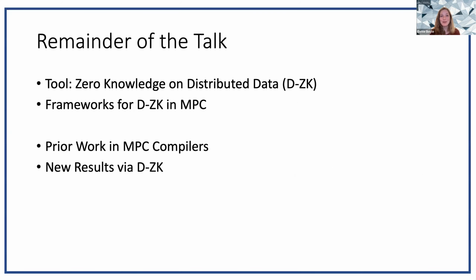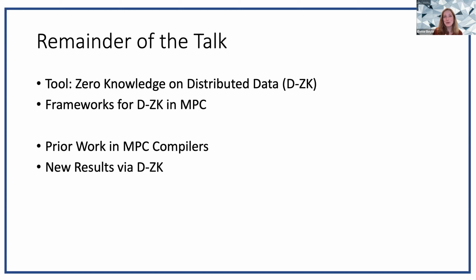Okay, so for the remainder of the talk, I'll talk a little bit about this tool, this notion of zero knowledge on distributed data. I also want to give a bit of a survey of the high-level frameworks of how you can use this tool to achieve passive to active compilers in MPC.